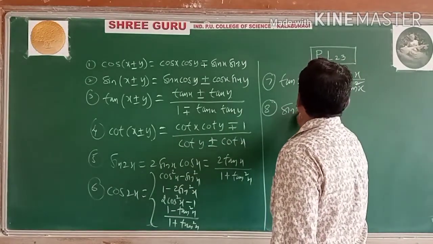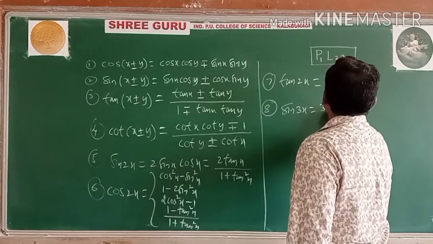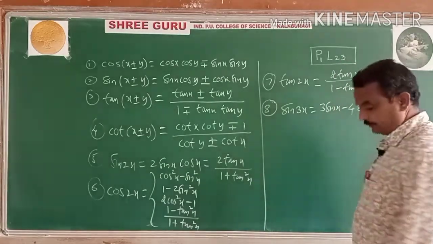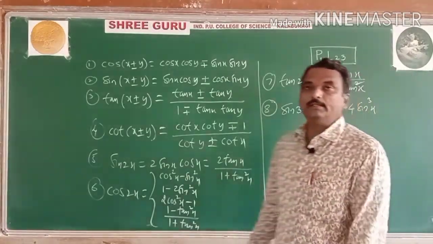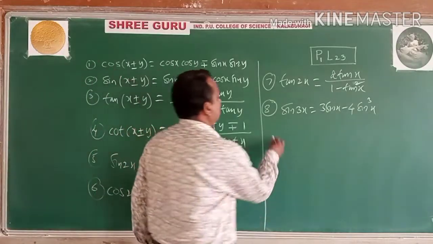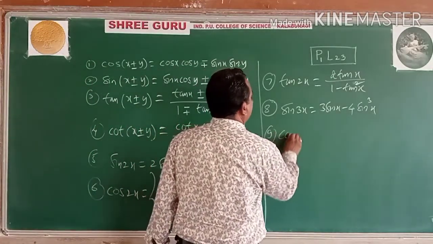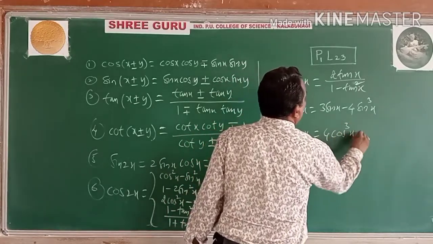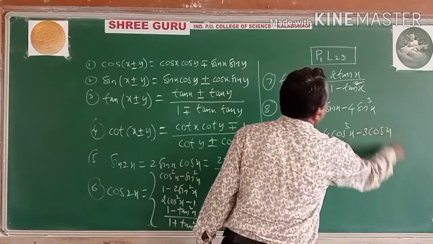Sin 3x is equal to 3 sin x minus 4 sin cube x. Multiple angles it is. Then next, cos 3x is 4 cos cube x minus 3 cos x.